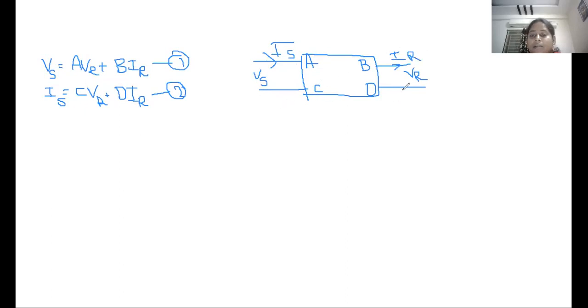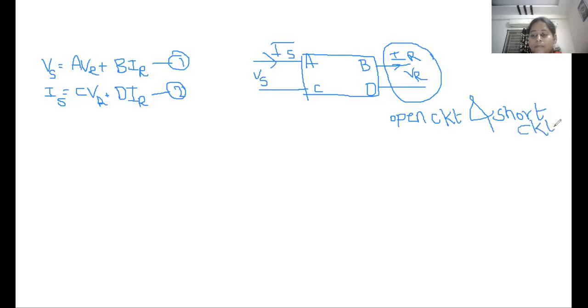This is a two-port network circuit, and there are four parameters: sending end current, sending end voltage, receiving end current, and receiving end voltage. At the receiving end side, two conditions occur, that is open circuit and short circuit.